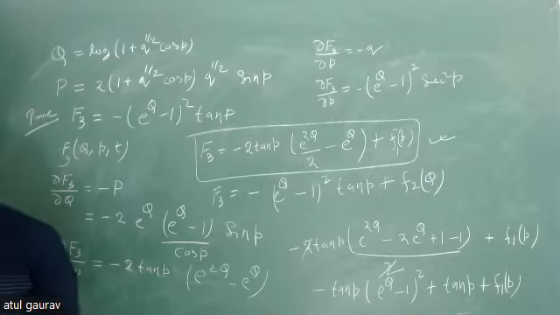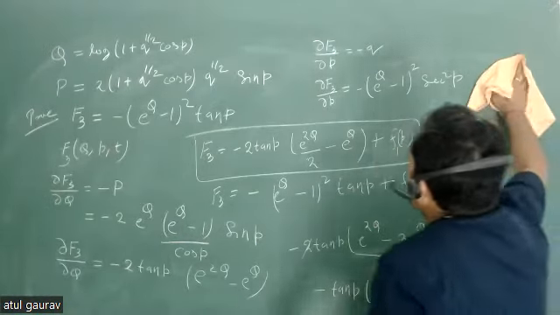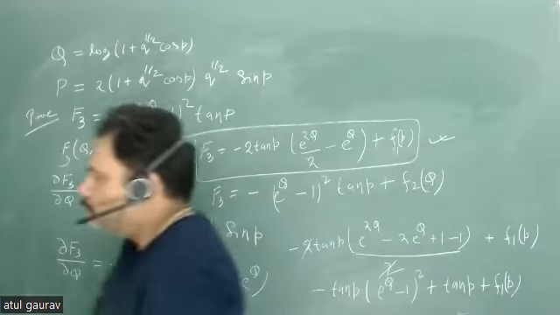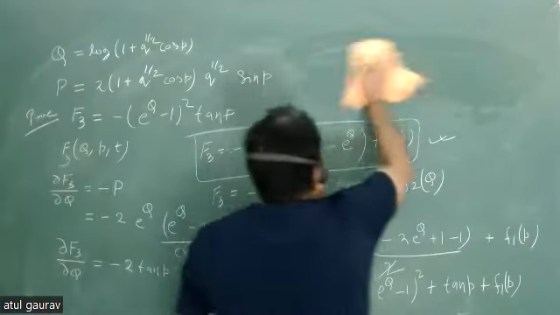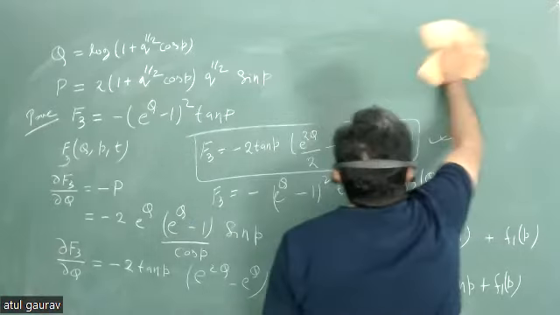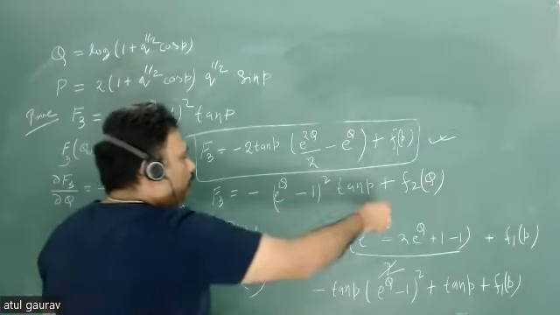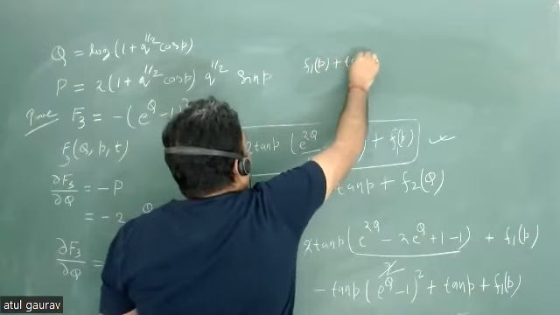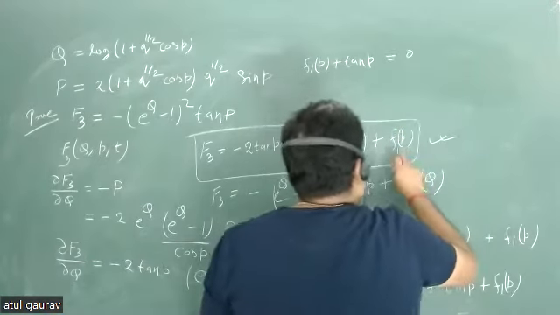So now, if we equate this thing on both sides, what will you get? I can get here f1 of p plus tan p, only a function of p on this side, is equal to 0.